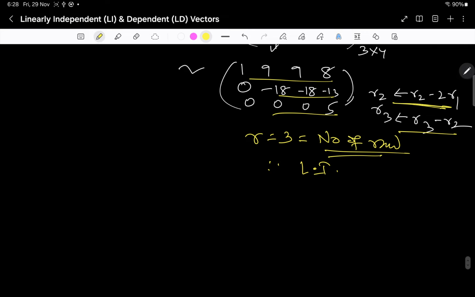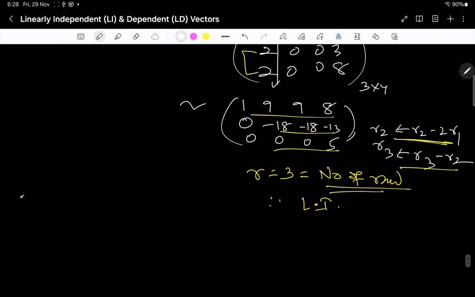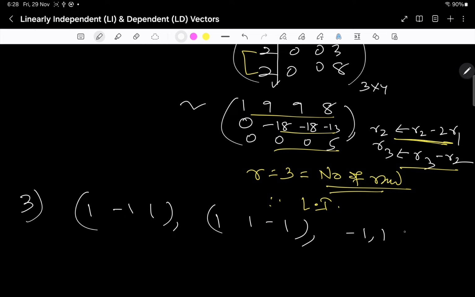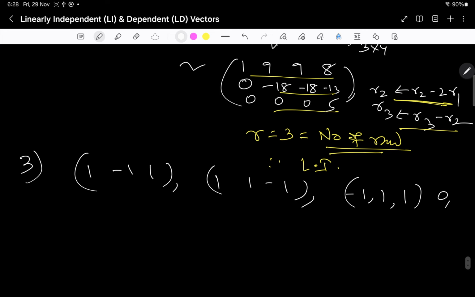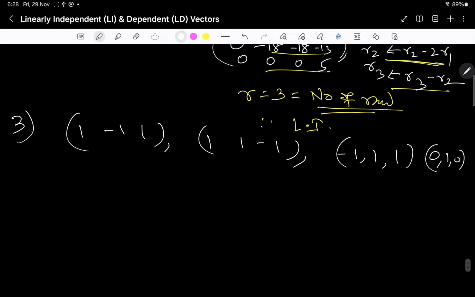Suppose you think of one more example, question number 3. You are given a set of vectors (1, -1, 1), then (1, 1, -1), then (-1, 1, 1), then (0, 1, 0). Test LI or LD.